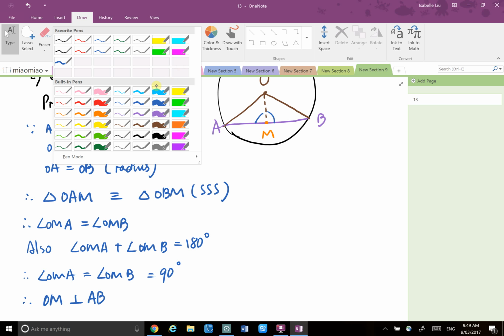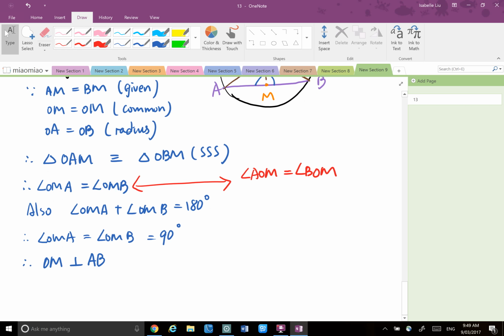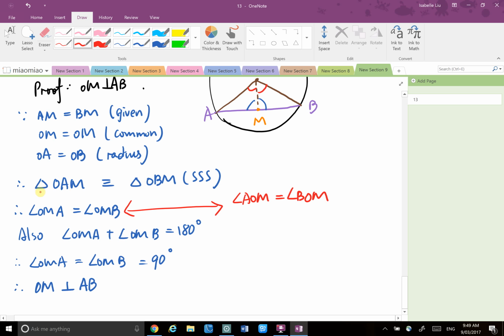Even though it's not asking you to prove it from the congruence, as a next step I can also have that angle AOM will equal angle BOM. This angle will equal this angle. It's not asking you to prove it, but I can prove that. If that's the midpoint, after it's congruent, all the pairs of angles will be equal. So those two pairs will be equal as well.